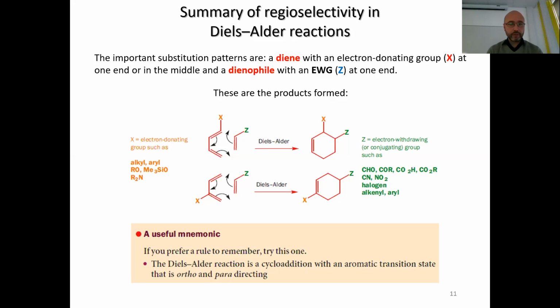So even if you sometimes do the correct arrow movement, it might be a mistake. So be sure that if you're doing a Diels-Alder, the dienophile, the double bond, has a good electron-withdrawing group conjugated to it. That's very important, okay?